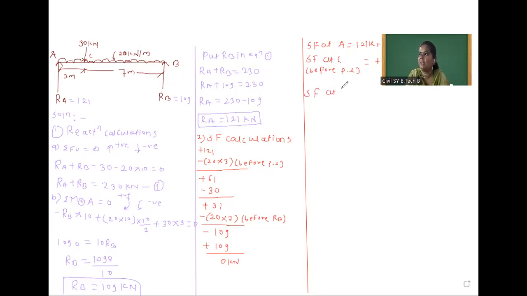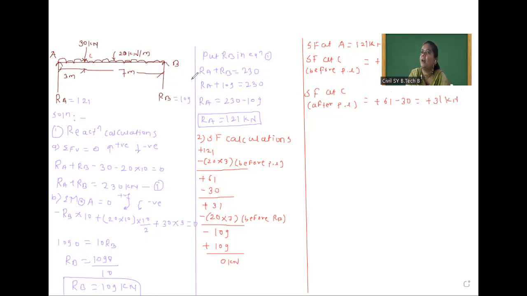After that, we will calculate shear force at C after point load, that means considering the point load. Up to this point load, the value of shear force is plus 61. And at C point, 30 kilonewton force is going downward, so minus 30, which is equal to plus 31 kilonewton.